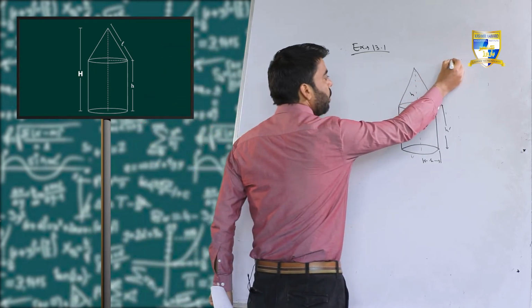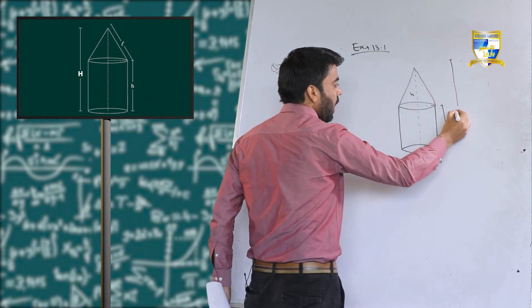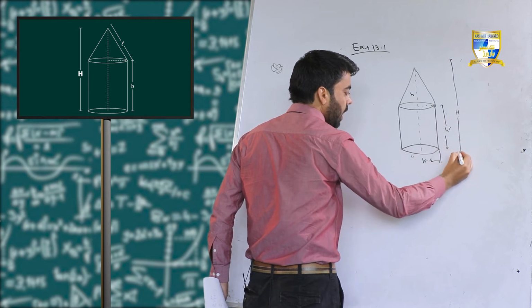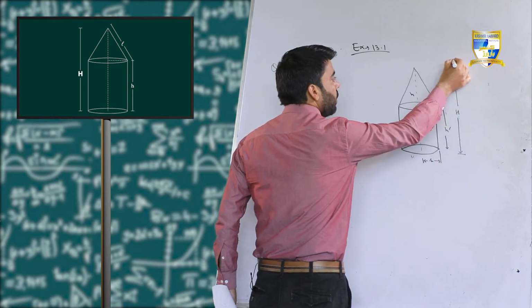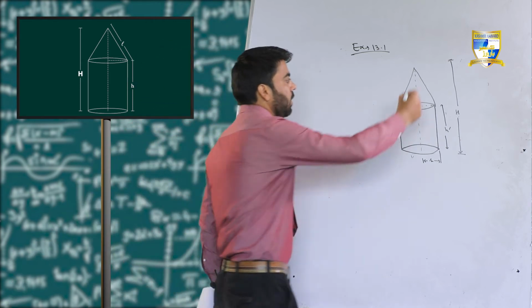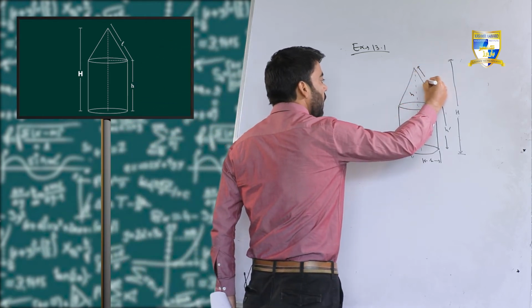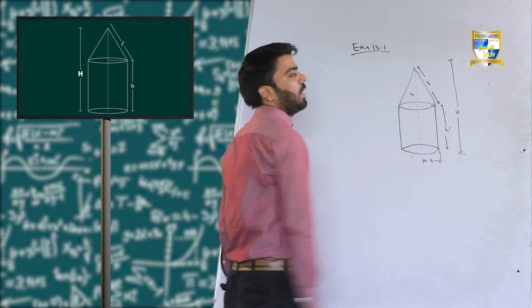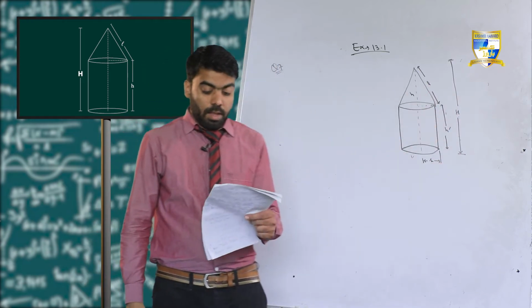And from this point to this point, I will denote by capital H, which is the total height of the tent. And this will be equal to L, that is the slant height, right?